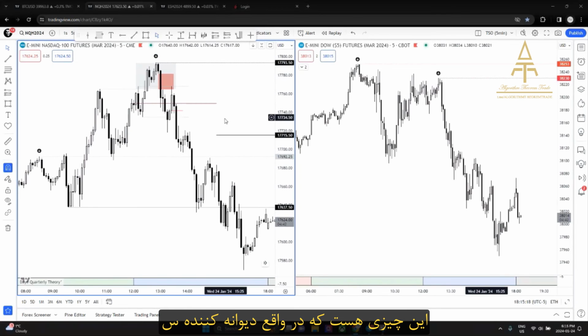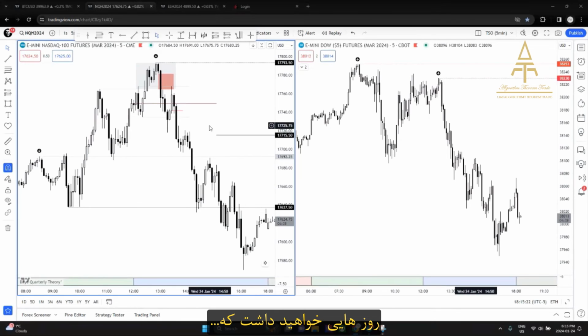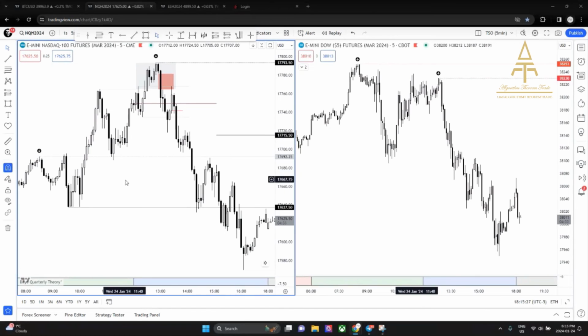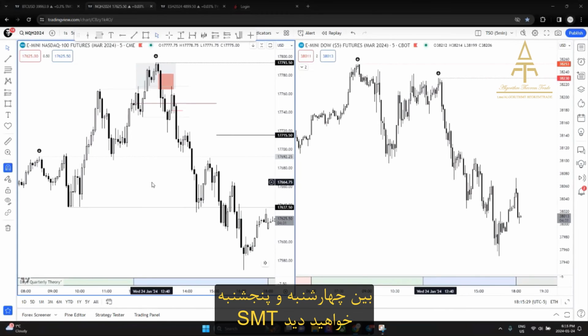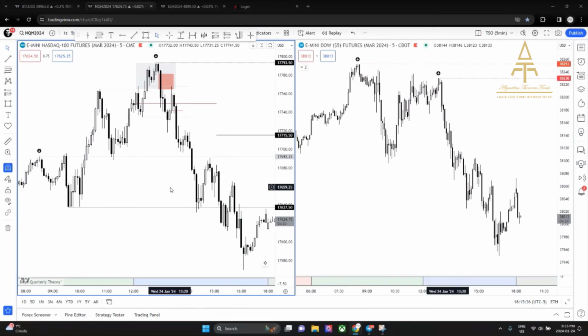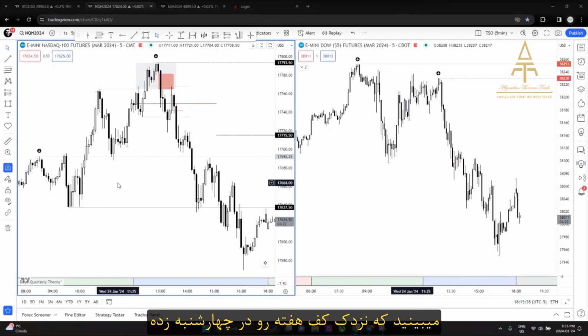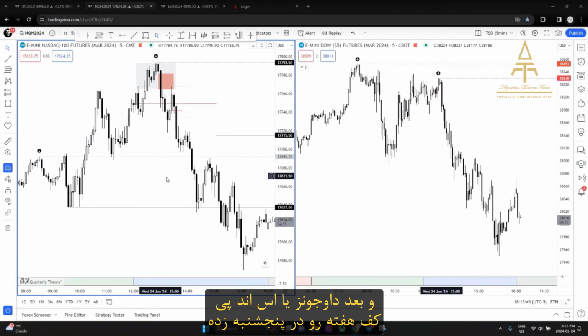This is something that I think is actually crazy, right? There will be days when you will see SMT between Wednesday and Thursday, right? So you'll see NASDAQ make the low of the week on Wednesday, and then you'll see, for example, the S&P 500 or Dow Jones make the low of the week on Thursday.